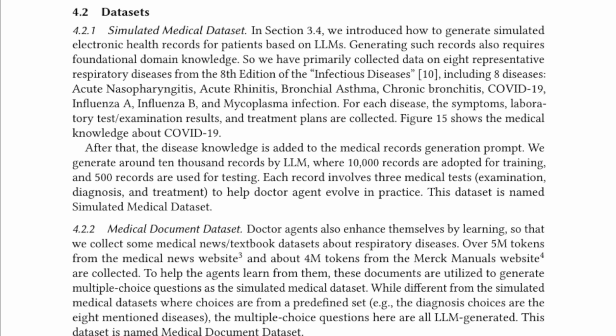So we have primarily collected data on 8 representative respiratory diseases from the 8th edition of the Infectious Diseases, including acute nasopharyngitis, acute rhinitis, bronchial asthma, chronic bronchitis, COVID-19, influenza A, influenza B, and mycoplasma infection. For each disease, the symptoms, laboratory test or examination results, and treatment plans are collected. Figure 15 shows the medical knowledge about COVID-19.